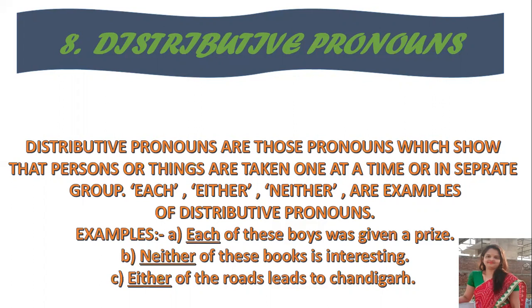One more thing I'll explain: distributive pronouns are always singular, and therefore they take a singular verb. And when they are placed before nouns, they become distributive adjectives. This is all about distributive pronouns.